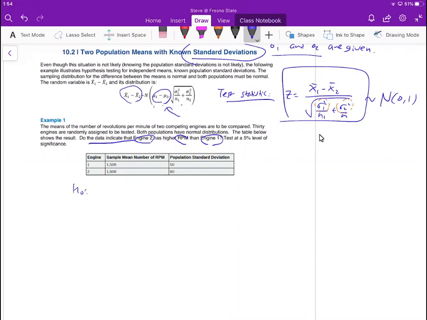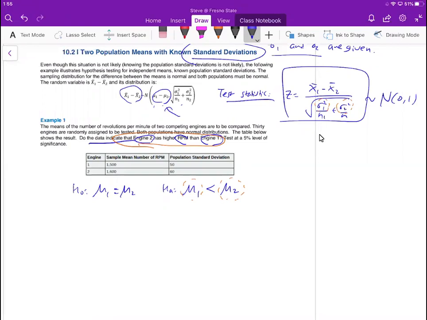So HA would say mu 1 is less than mu 2, right? Or think about it the other way: mu 2 greater than mu 1. That's exactly what I want, right? So H naught means that mu1 is equal to mu2. You can always use the equal sign in the null hypothesis.